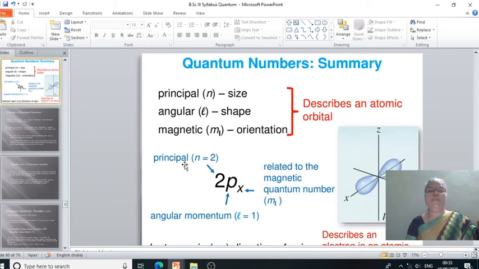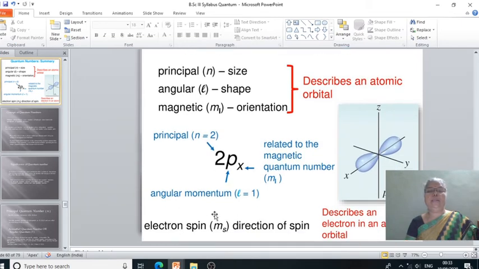Here for example, if we have principal quantum number n equal to 2, then that orbital is designated by 2px, and it is related to the magnetic quantum number m. And angular quantum number, it is represented by l, and l is equal to 1.